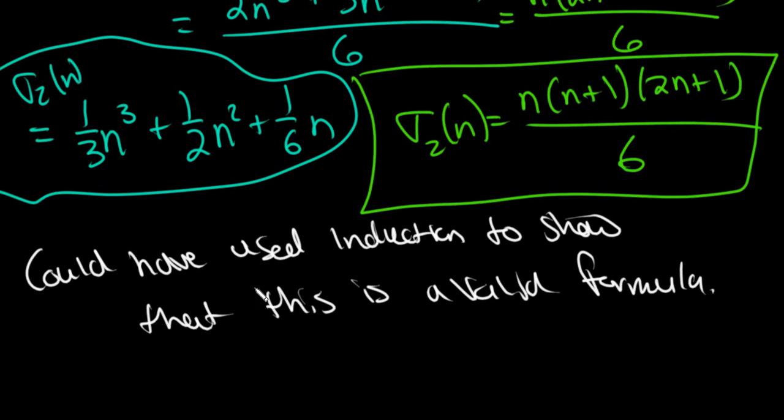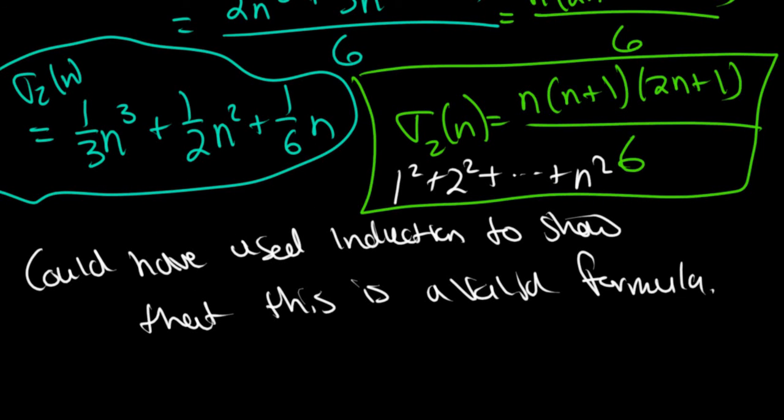You'd have to know the formula beforehand, and then you'd just be testing it out. And I don't know about you, but I don't feel like just testing a bunch of random polynomials to see if it fits the function 1 squared plus 2 squared up to n squared. This works, and we showed it using much more interesting methods. We went through geometric series and combinatorics to arrive at an interesting result.